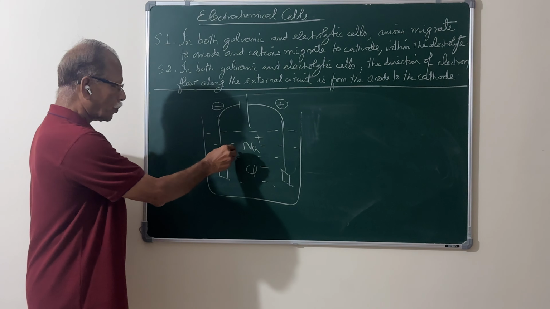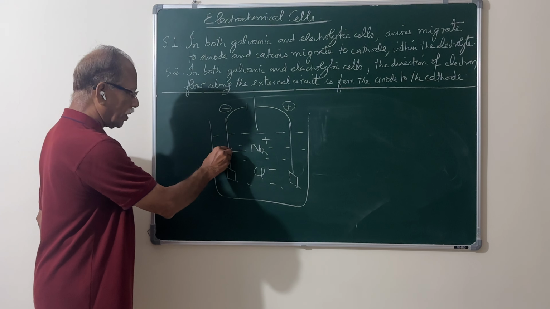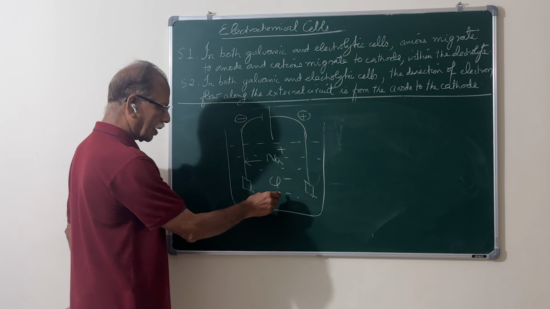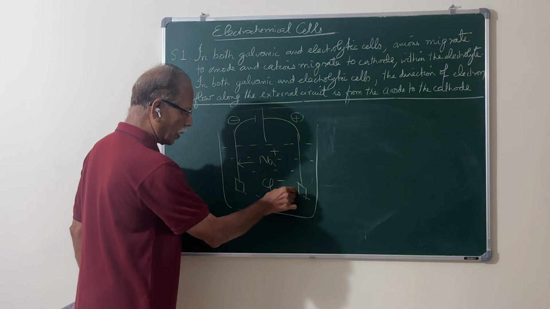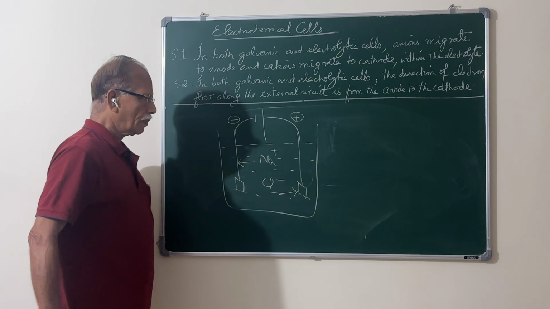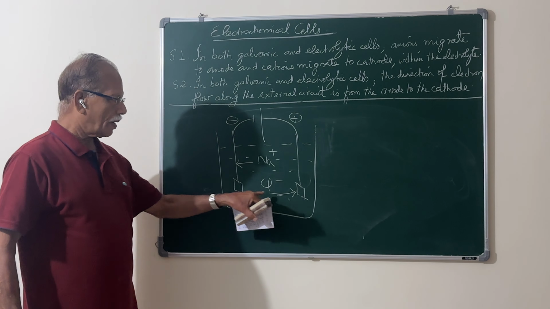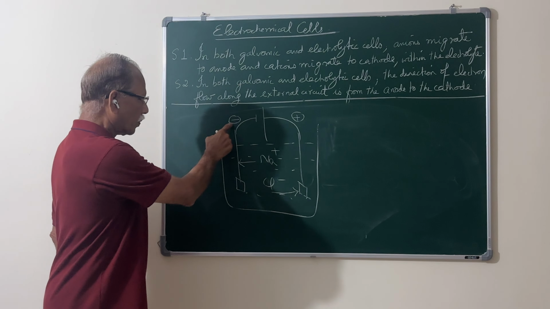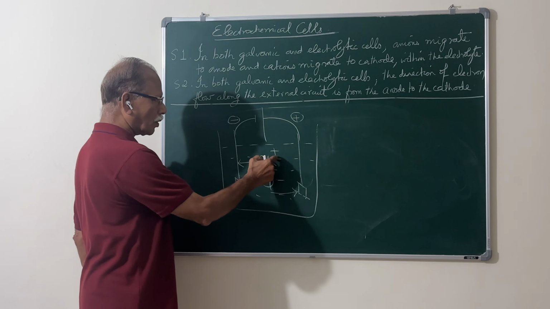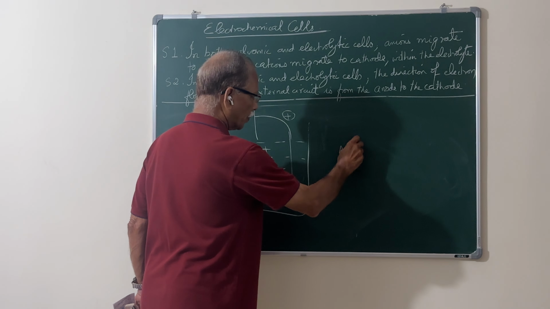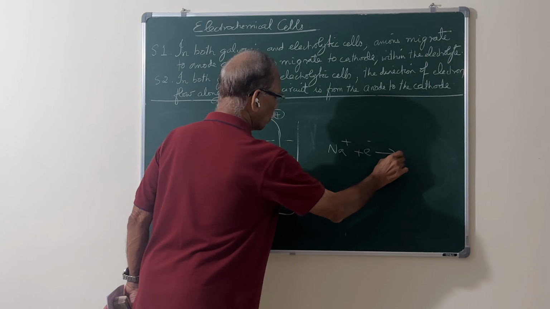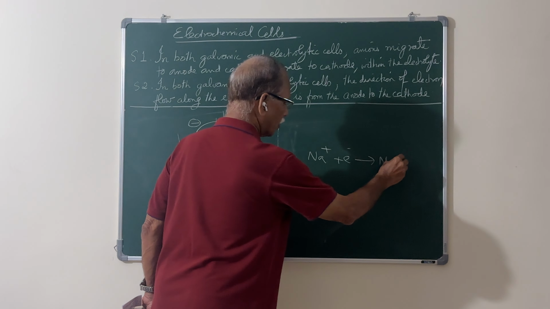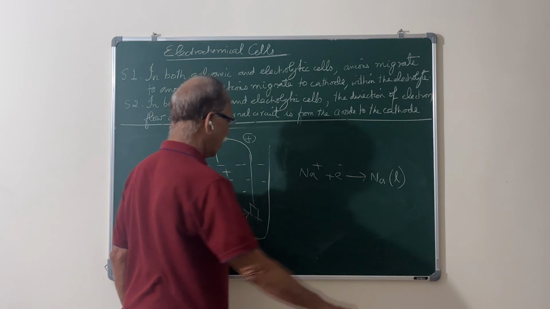The positive ions migrate towards the negatively charged metallic electrode, and the negative ions, chloride ions, migrate to the positively charged metallic plate. And at the negative plate, the electron-rich negative plate gives electrons to Na+, and it gets reduced to sodium metal. Being in a hot situation, it will be formed as liquid sodium.